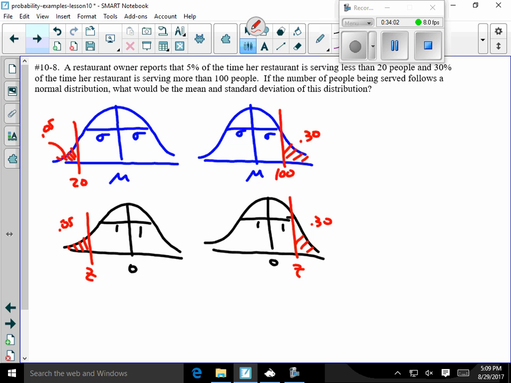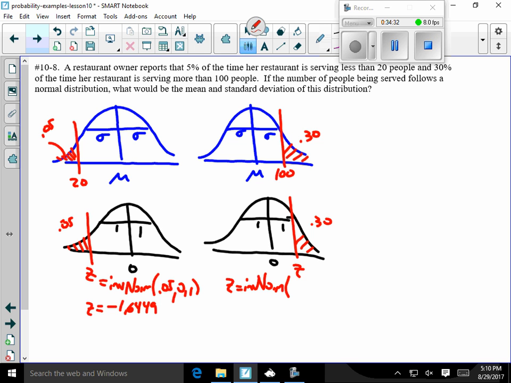The z-score here would be the inverse norm. We have to have area 0.05 to the left, using 0 and 1. And if you plug that in a calculator, that z value turns out to be negative 1.6449. And over here, this z-score is inverse norm.